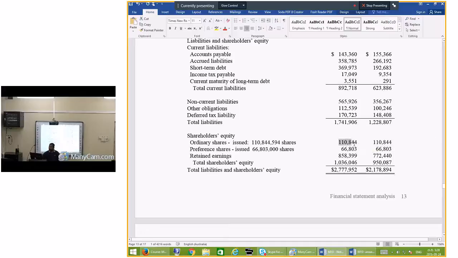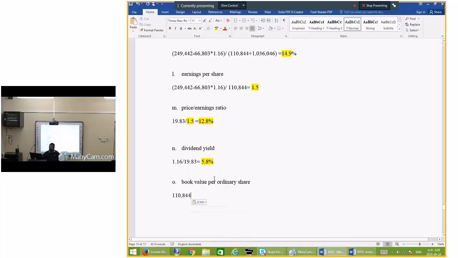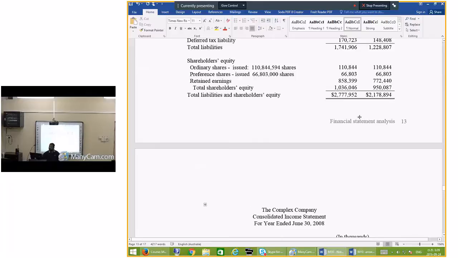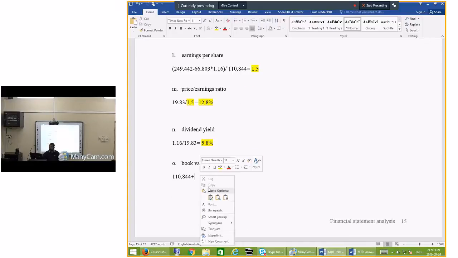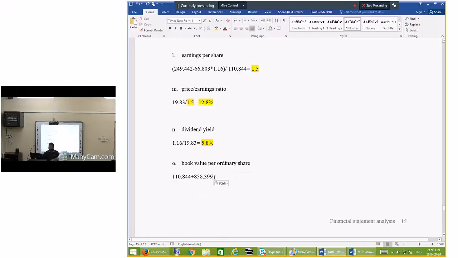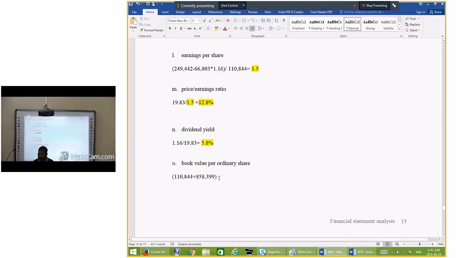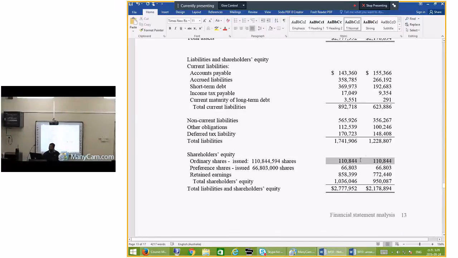This plus this, and then this plus retained earnings is the ordinary shareholders' equity, divided by ordinary shares held, with the book value.